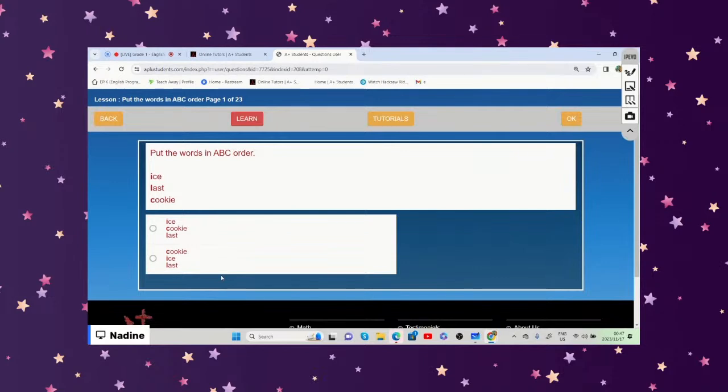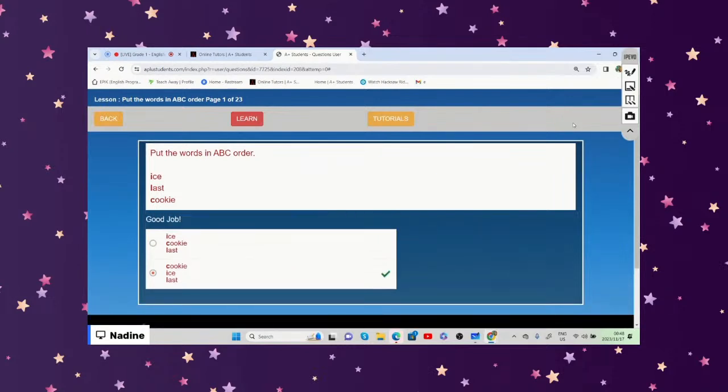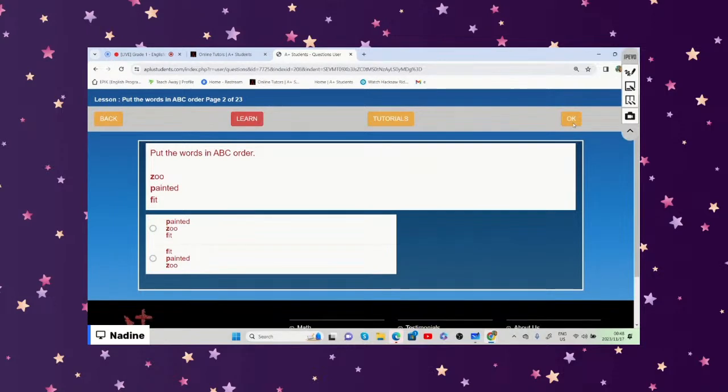So if we start with the first letter of the alphabet, of course, A is not here, B is not here, then we have C. And we go on and on up until we get to Z, which means it is first going to be cookie, C for cookie, then I for ice, and then last. So cookie, ice, last.